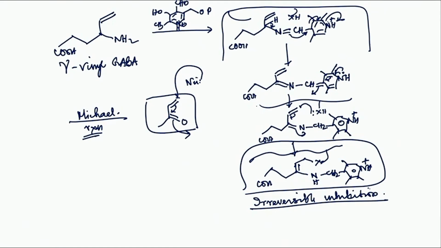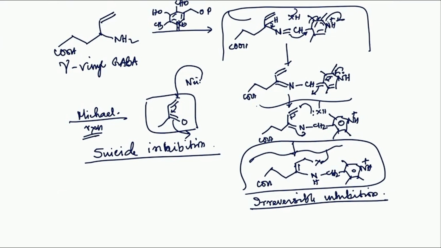You see, this is a suicide inhibition because the normal reactions proceeded up to a certain extent, and that creates a reactive system. So, this is what is called suicide inhibition. I just remind you that suicide inhibition is the one where the substrate is processed to some extent, and then it generates a very reactive compound, to which the enzyme side chain reacts.